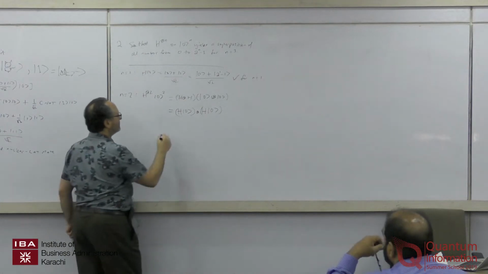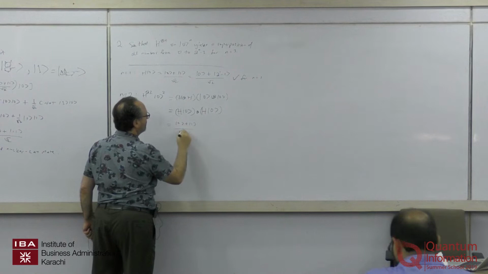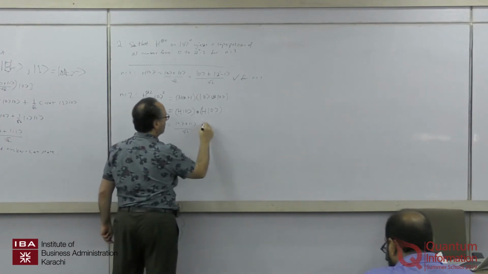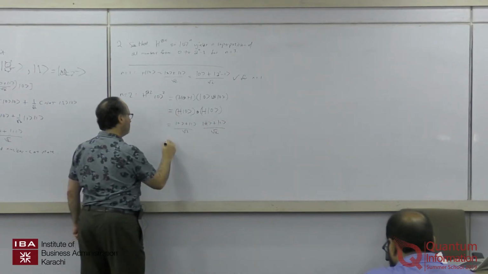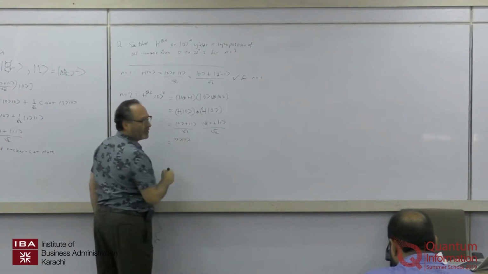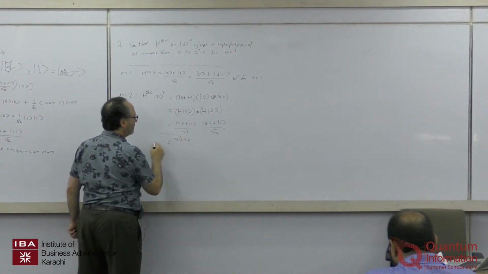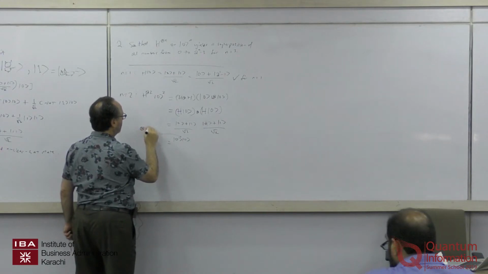Then this is equal to 0 plus 1 over root 2, 0 plus 1 over root 2, which is equal to, sometimes when I do this, the cross symbol is optional.